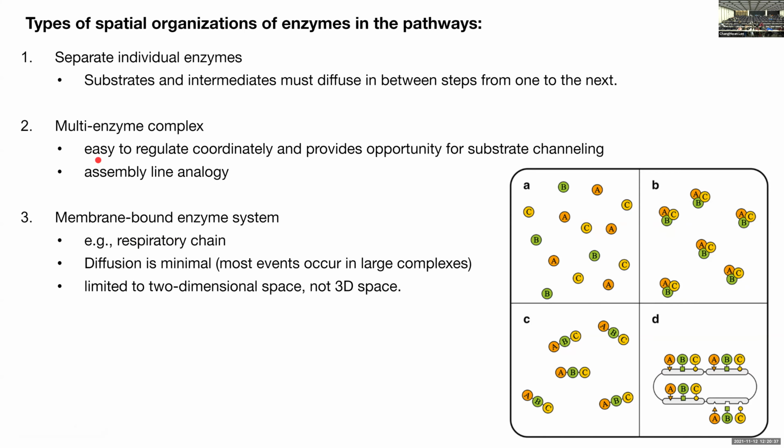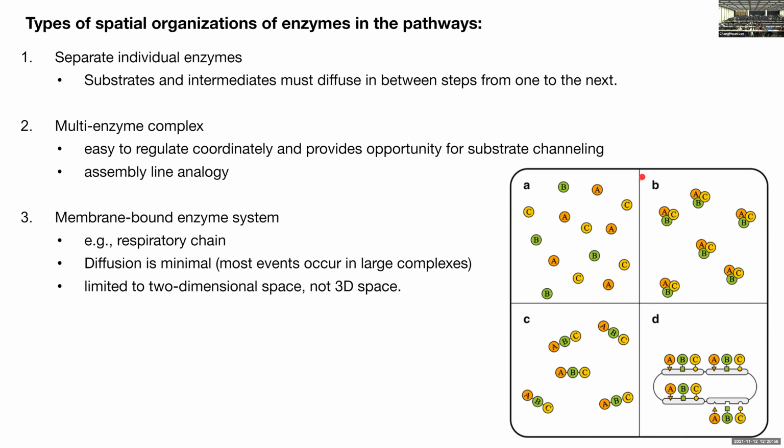The second type of spatial organization is a multi-enzyme complex. It can make either this kind of blob, or it can make this kind of nice array of the enzymes where it can work as a sort of conveyor belt.